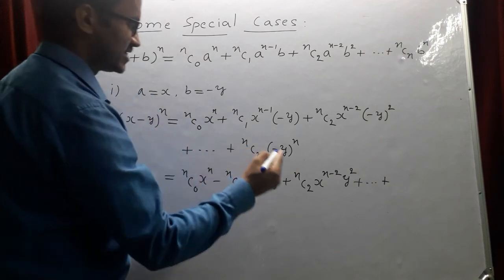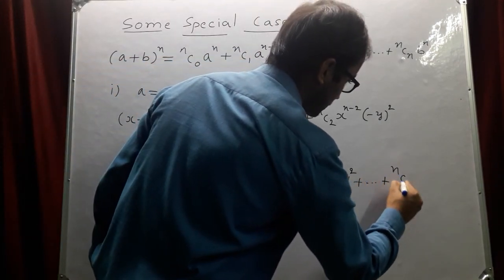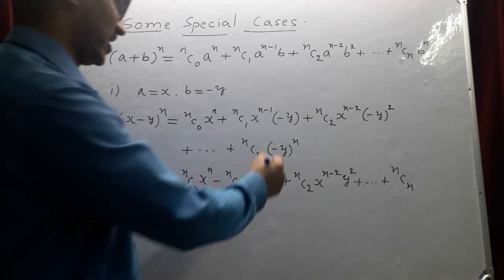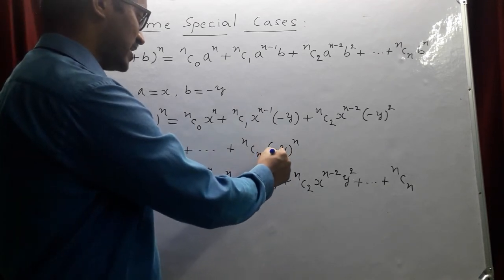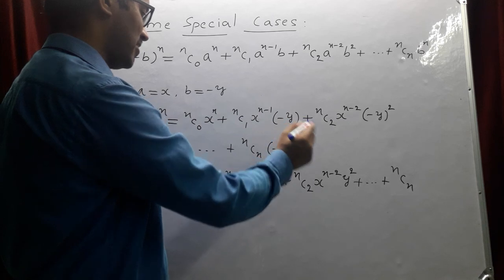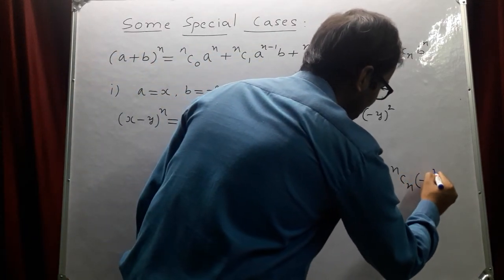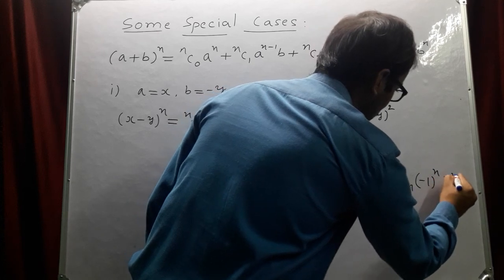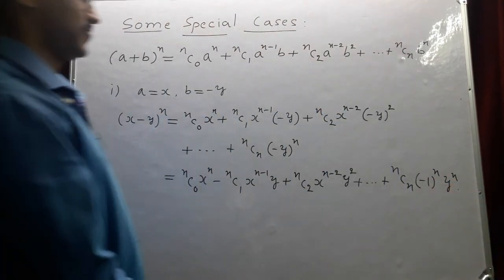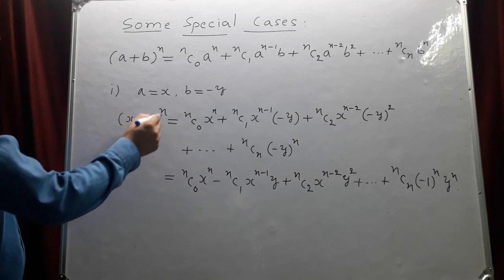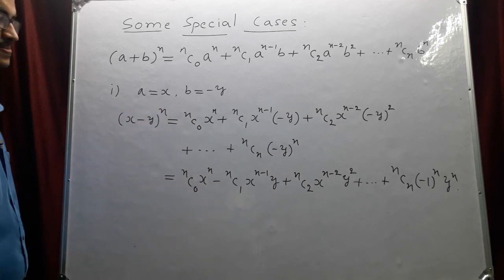The last term is nCn times minus y whole power n, which we can write as minus 1 power n into y power n. So this is the expansion of (x minus y) whole power n.